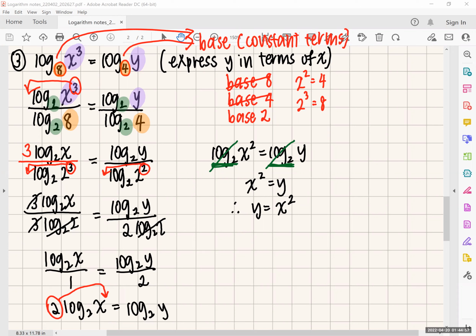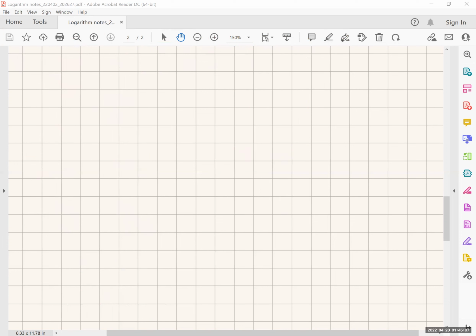Okay, so right now, I want to do another question whereby the base is no longer a constant term, but rather the base is an unknown. So that is number 4. Question number 4 is whereby your base does not involve constant terms anymore. The base is unknown terms.